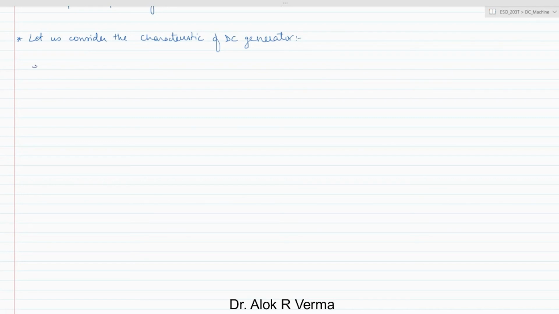So we'll be having three characteristics. The first one is the magnetization characteristic, which gives the variation of the generated voltage, or the no load voltage, with the field current. So this is the EMF with field current IF. This is the magnetizing characteristic.